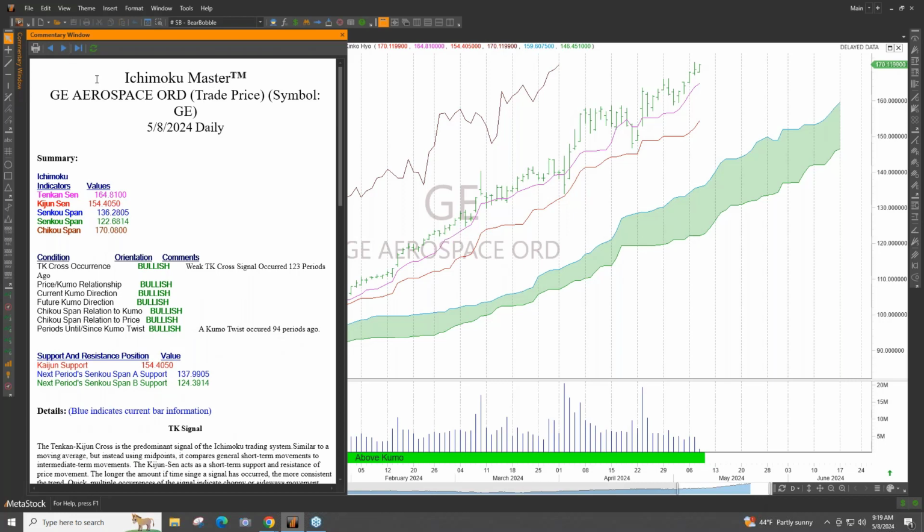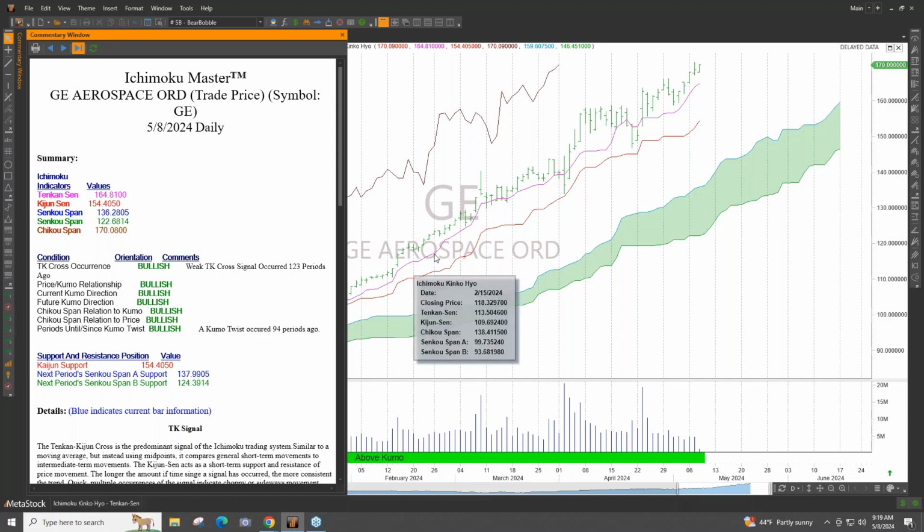By default, this is going to give us a breakdown of everything I just rapidly told you, right? Here's all the indicator values. If we're looking at GE at the very last bar of the chart, it's going to tell us that the TK cross is bullish. We had a TK cross signal that was weak that occurred 123 bars ago.